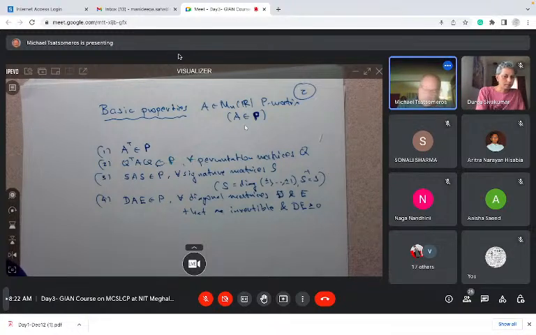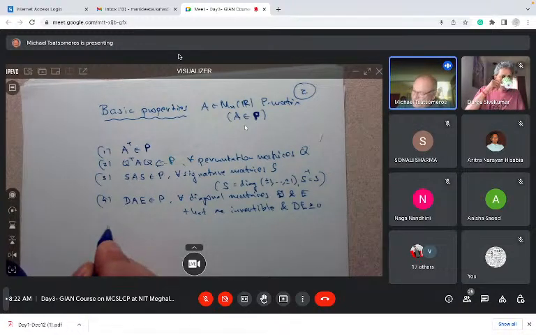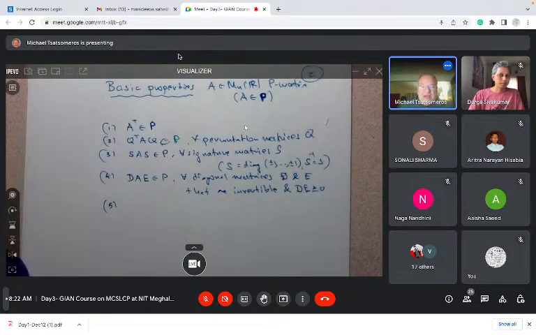So these are properties, but of course there are also characterizations, many of them.